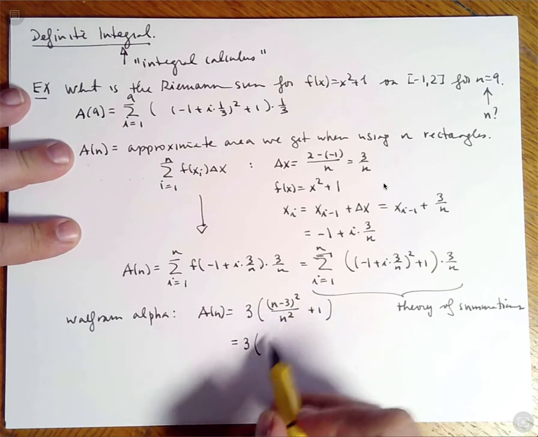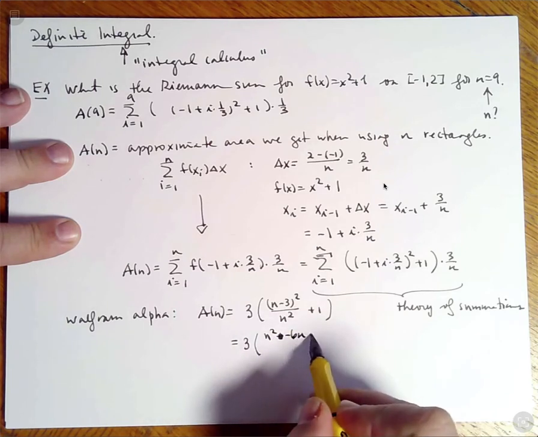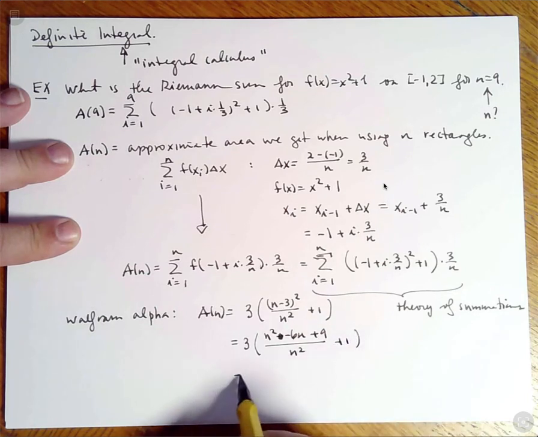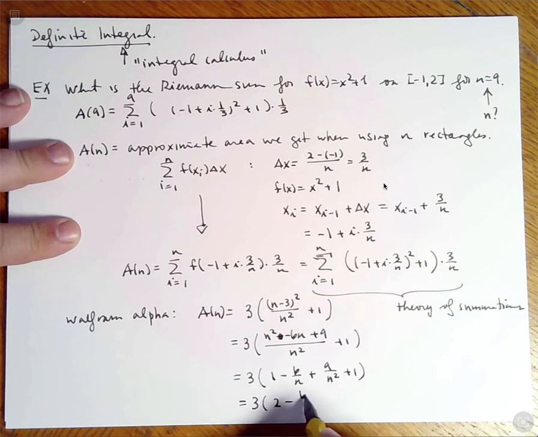So if we multiply this out, we get n squared minus 6n plus 9 all over n squared, plus 1. Take this one more step. We get 1 minus 6 over n plus 9 over n squared, plus 1, which is 3 times (2 minus 6/n plus 9/n squared).